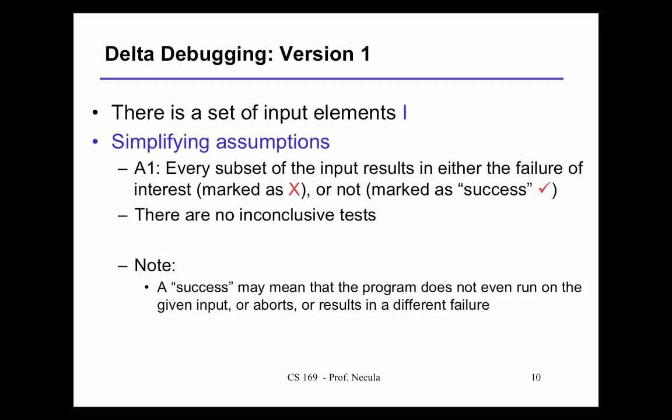Okay, is that clear? It's a little bit. Is there an example? Yes, you take a Java compiler. It's the example I just gave. So you take a Java compiler that crashes, let's say, when there's a while statement in the program. So it's a kind of compiler that students write in the 164.